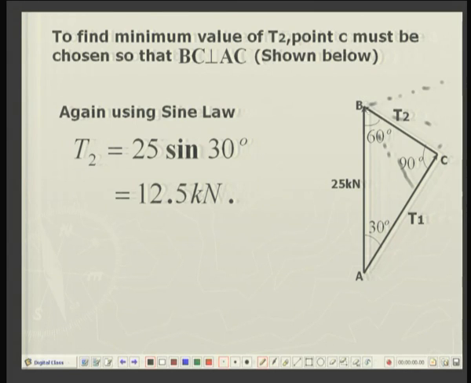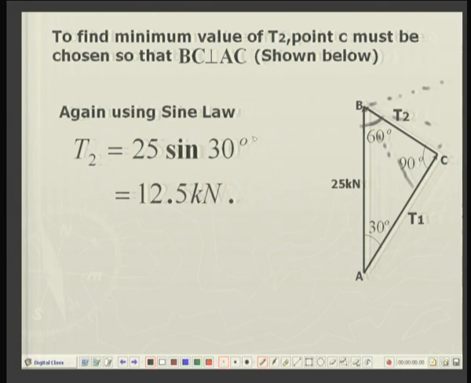Naturally the line which is normal to line AC. So, I will draw a perpendicular to line AC. Wherever it meets this direction of T1, that will define my point C. Once I have got 30 degrees and 90 degrees over here, this angle will automatically be 60 degrees.